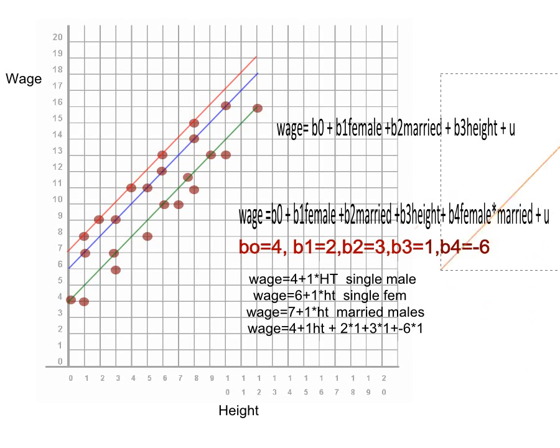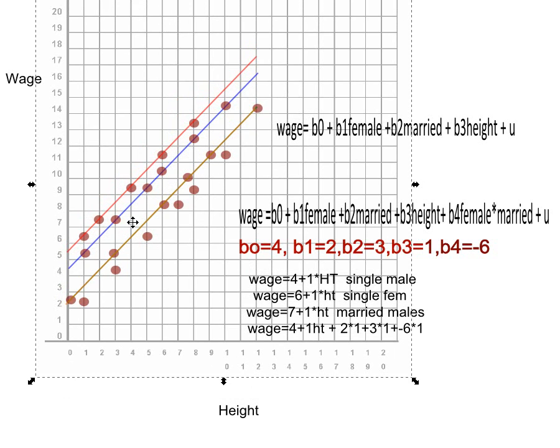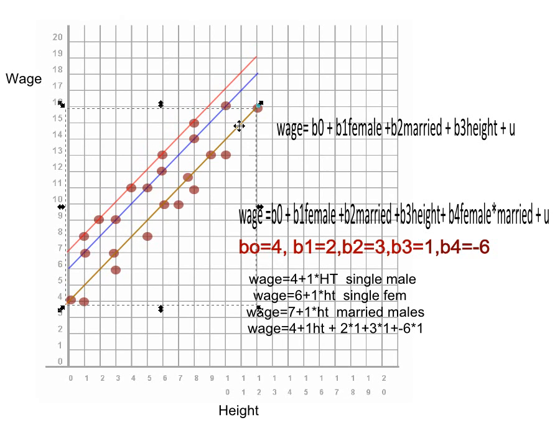So let's take this orange line over here and let's start off by stacking it on top of the green line for single males. We're not talking about a single male. This person is a female. So by being a female, that shifts the line up to the blue line, remember, for single females.